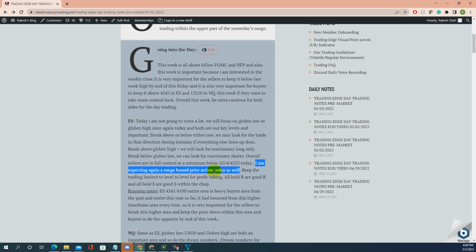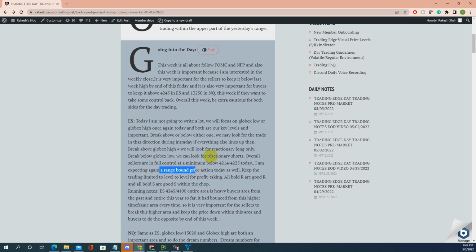The moment price gets exhausted on either side, you can fade it. I prefer the short side, but on the long side also, if it goes down and gets exhausted, with slight warning you can fade it, because the assumption is price is not going to trend higher a lot or trend lower a lot.